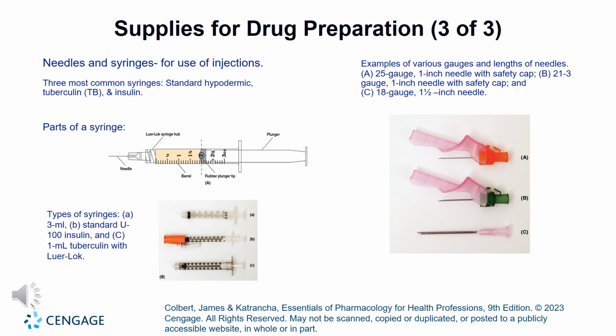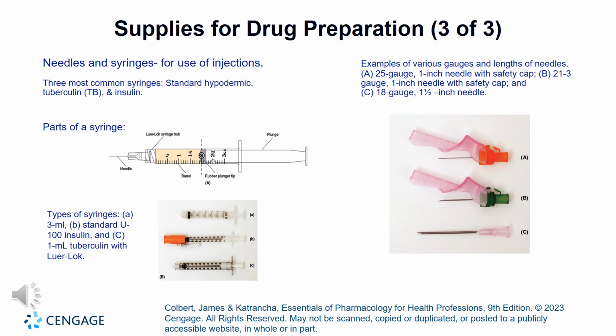Types of syringes at the bottom are A, a 3 milliliter. B is the standard U100 insulin syringe, and C is the 1 milliliter tuberculin with the luer lock syringe.